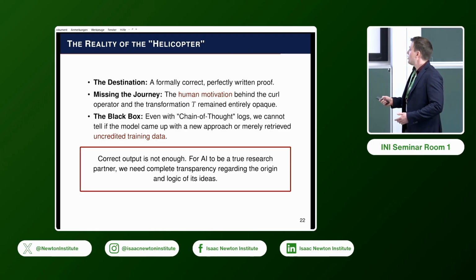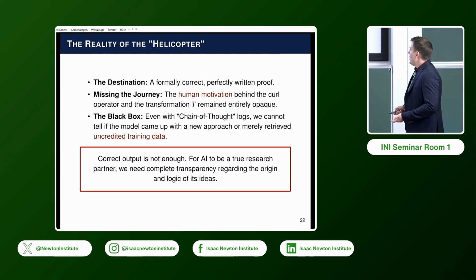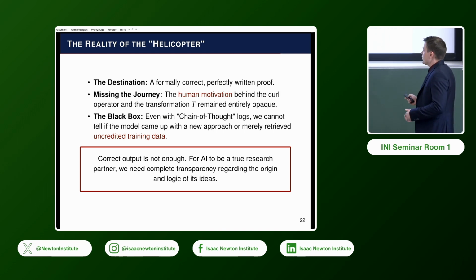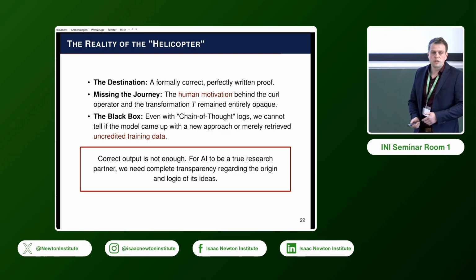So I think the conclusion could be that the correct output is not enough. In order to use such heavy large language models, we need complete transparency regarding the origin and the logic of its ideas.